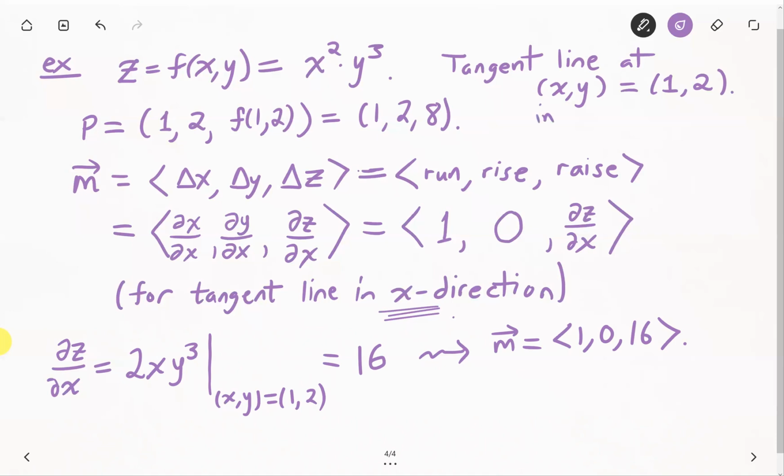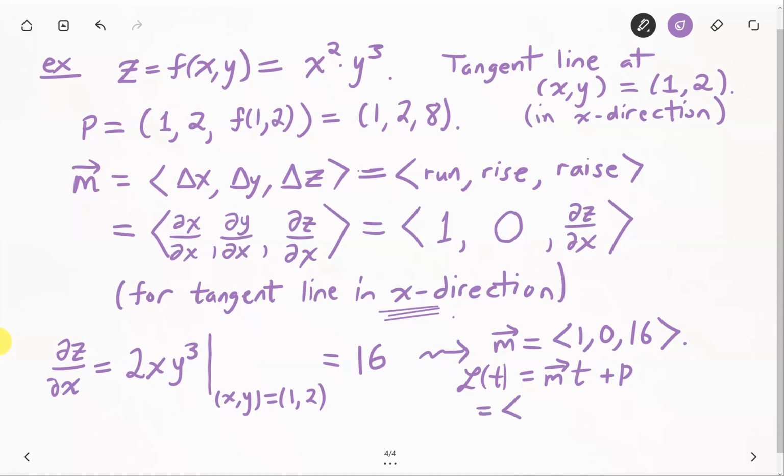And now we have enough information to put together the equation of the tangent line. And I should always say which direction it's going in. So this is the tangent line in the x direction. So since we have that information, I'm ready to put together the equation of the line. Right? It's the slope vector times t plus our point.